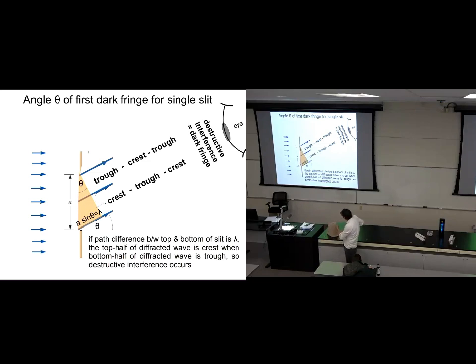This extra distance downstairs here, you can figure it out based on just a little bit of geometry. This little extra distance is the opposite side of a right-angled triangle, where the hypotenuse is the slit width.